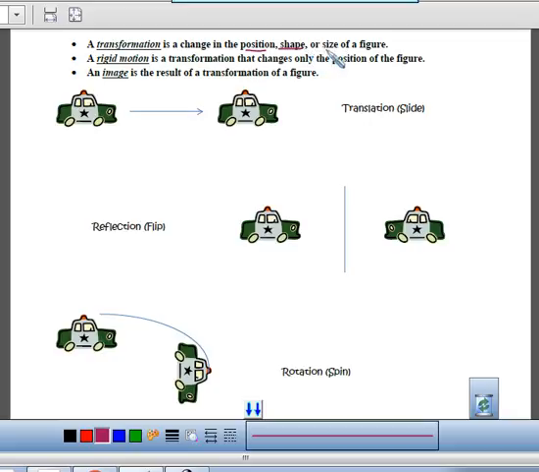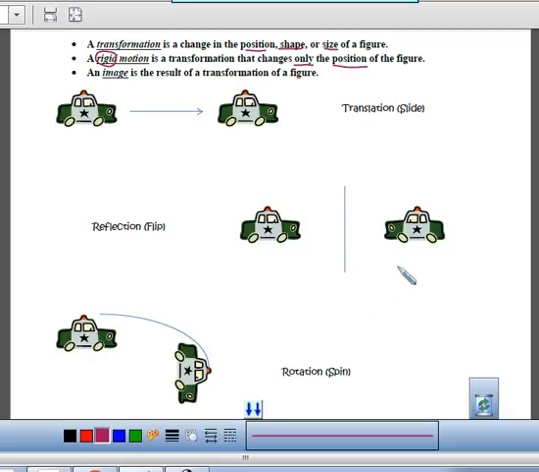Position, shape, or size of a figure is a transformation when we transform something. A rigid motion is a transformation that changes only the position of the figure. So circle the word rigid because that's the key to this. And then an image is the results of a transformation of a figure.